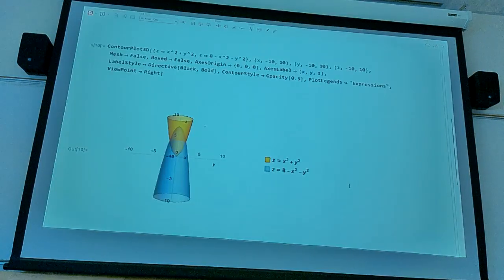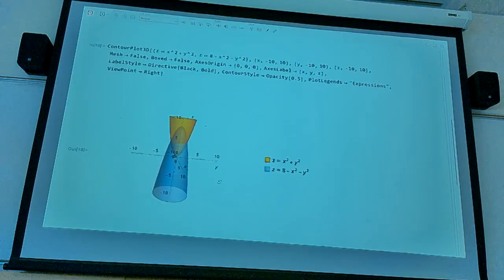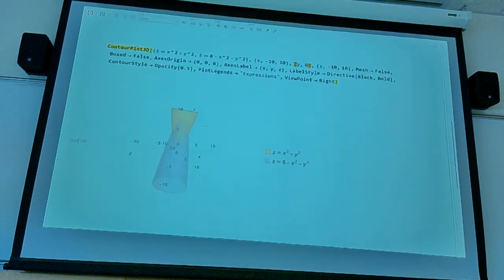Let's zoom in, maybe on the Y, minus 3 to 3.